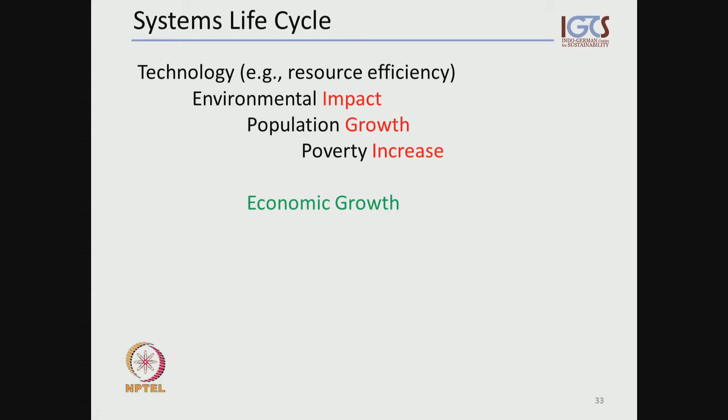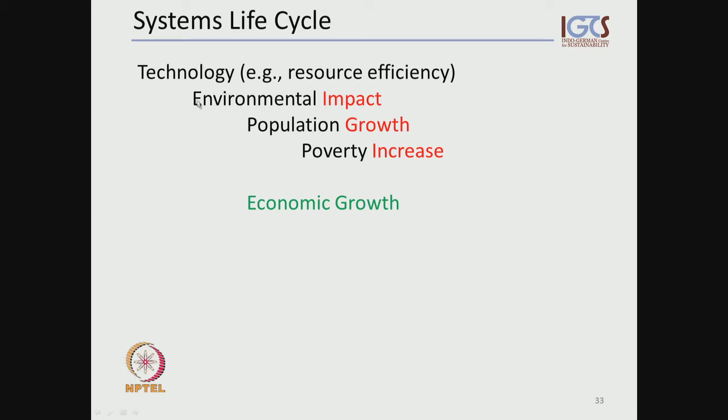Looking at the system's life cycle from what we have just seen, it entails technology inputs where we can drive changes. We can opt for resource efficiency, we can do conservation measures, we can improve our technologies and influence this.